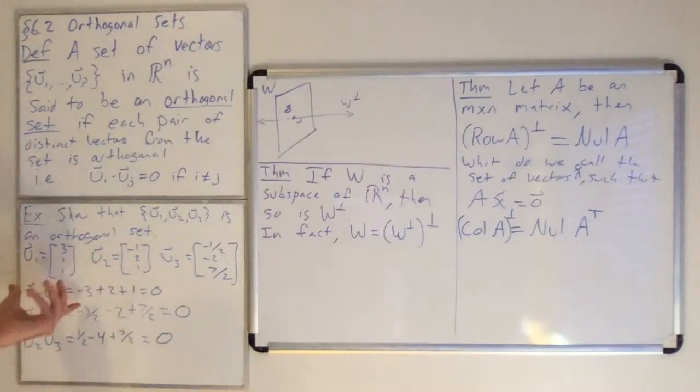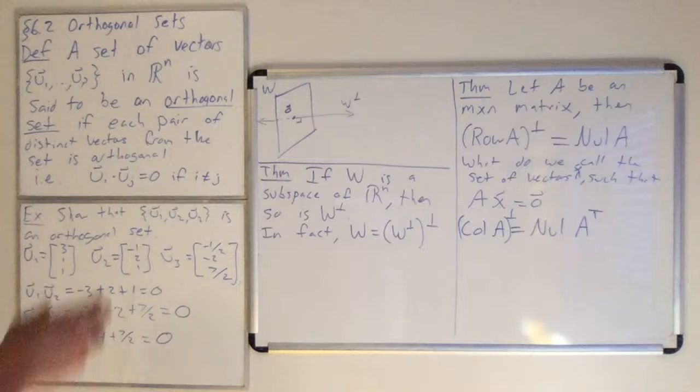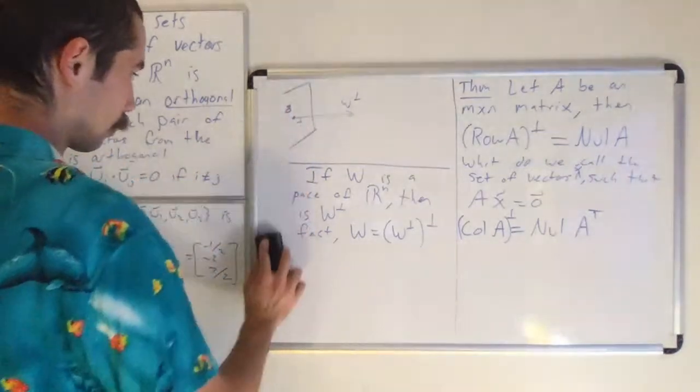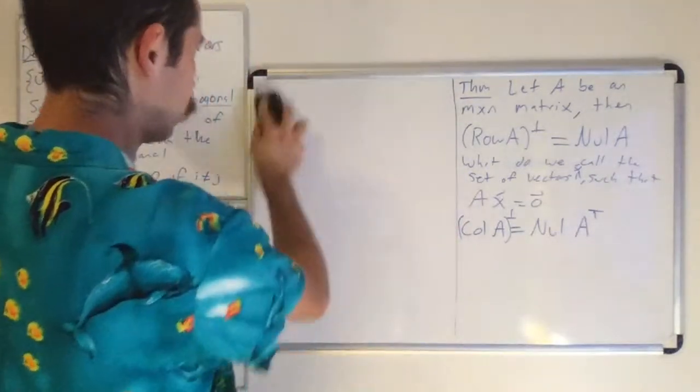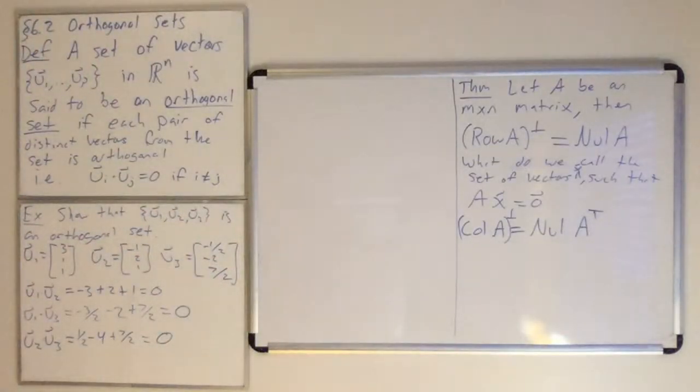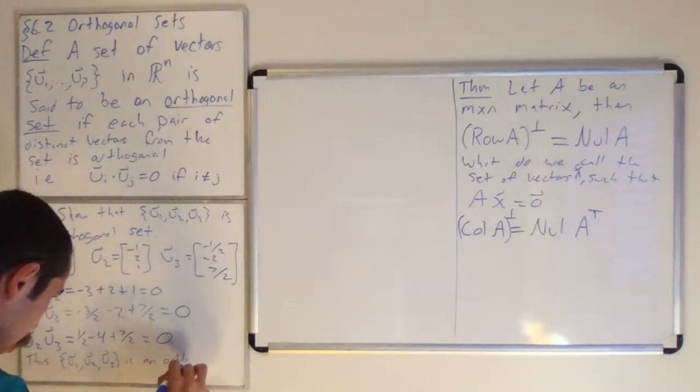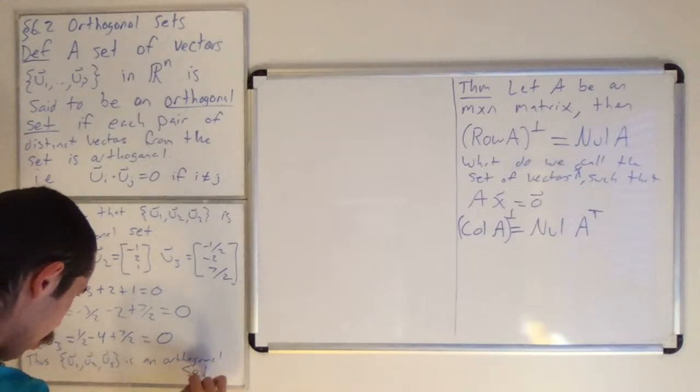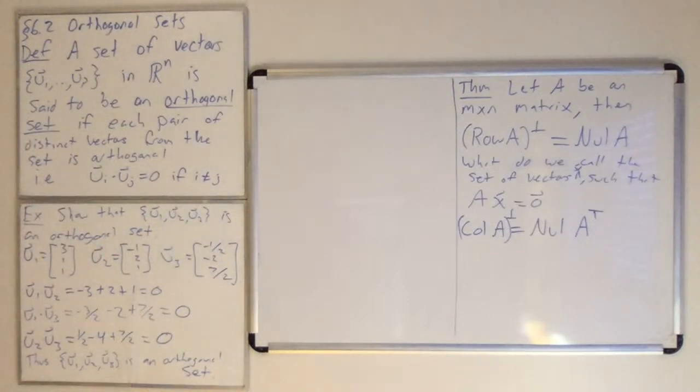We need every single dot product to give us 0 when we have distinct vectors. Thus U1, U2, U3 is an orthogonal set.